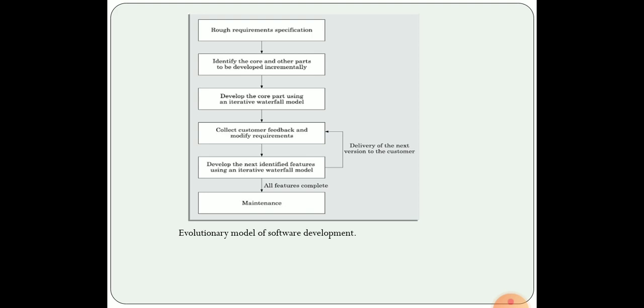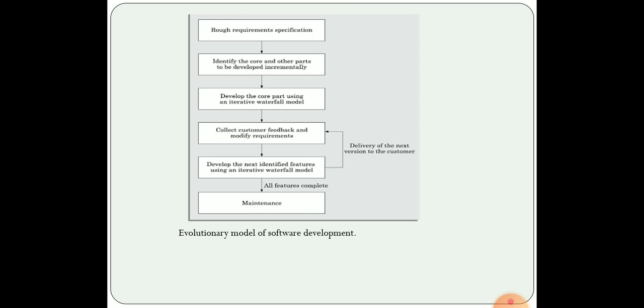So, here also we gather the requirements from the customer, analyze them and form a rough requirement specification. After forming a rough requirement specification, we identify the core and other parts that are to be developed incrementally.